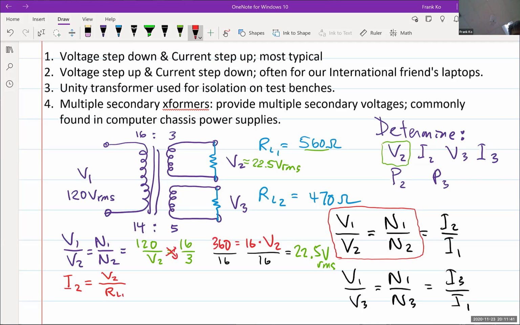RL1. And so this works out to be 22.5 VRMS divided by 560 ohms. Let's go ahead, hit our divide key by 560. And Robert, what do you calculate? Yeah, 22.5 divided by 560.